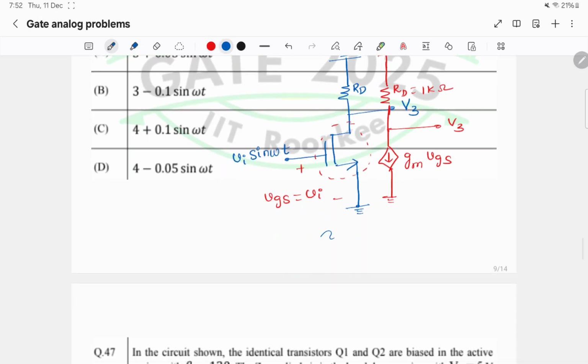So V3 is nothing but minus gm VGS into 1 kilo ohm.